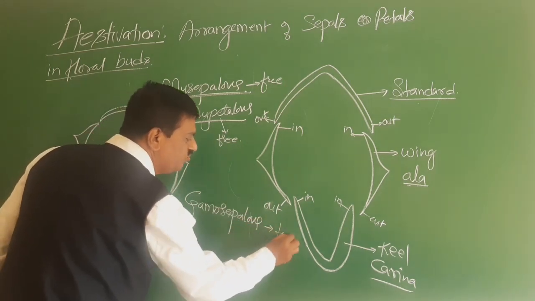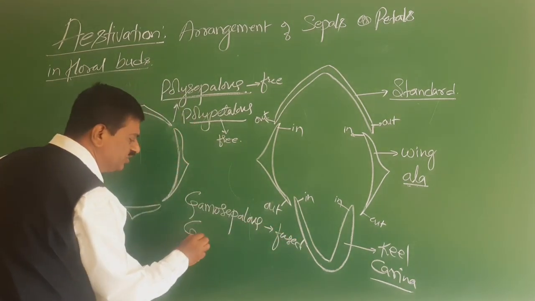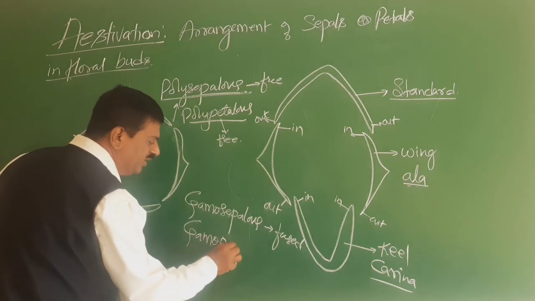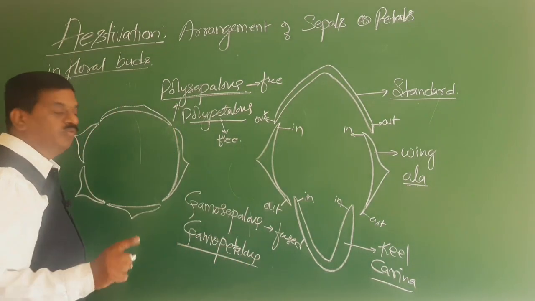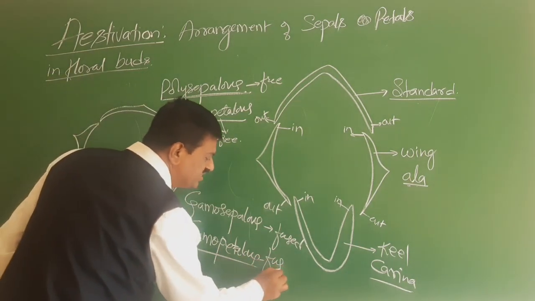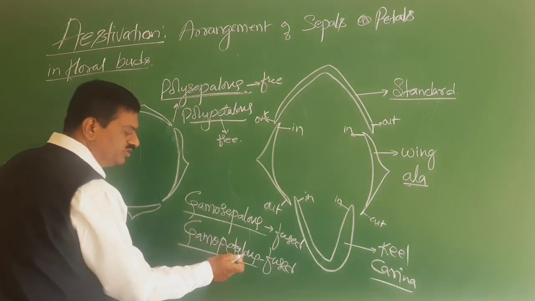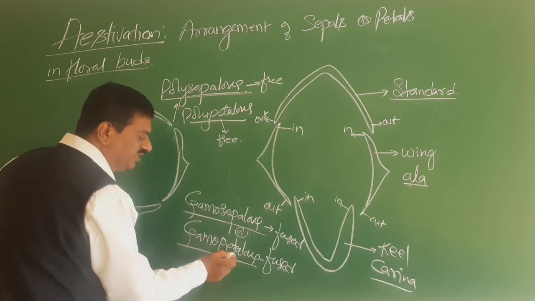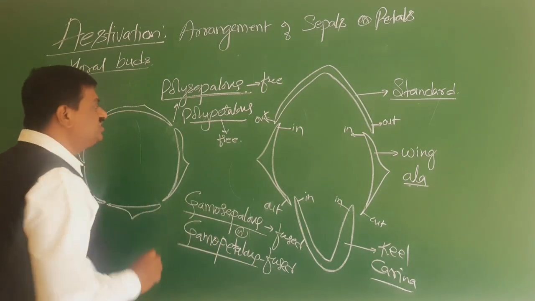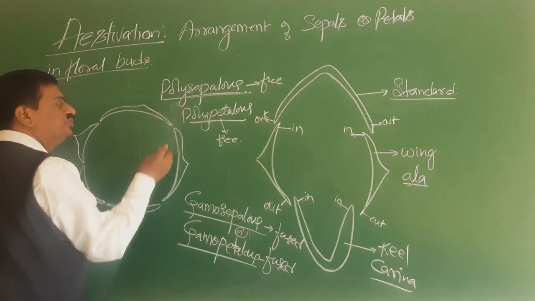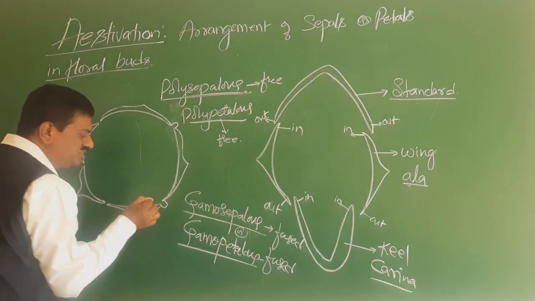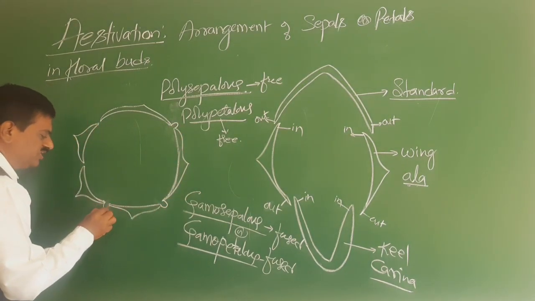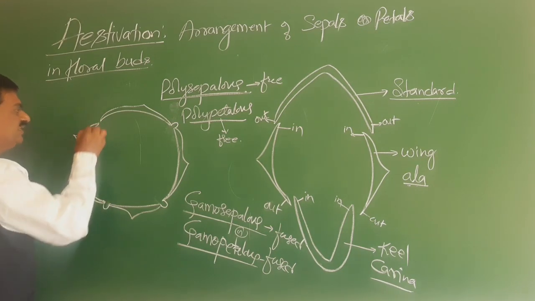The next word is gamosepalous, meaning fused, or we use the word gamopetalous. When we use the word gamosepalous or gamopetalous, the sepals or petals are fused. In this condition, you show both the sepals or both the petals united.